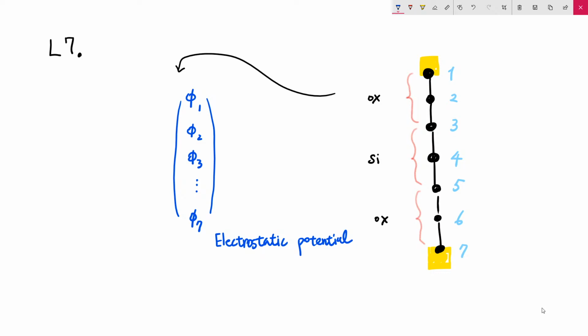So this time you say that the electrostatic potential for the silicon region can be separately extracted.